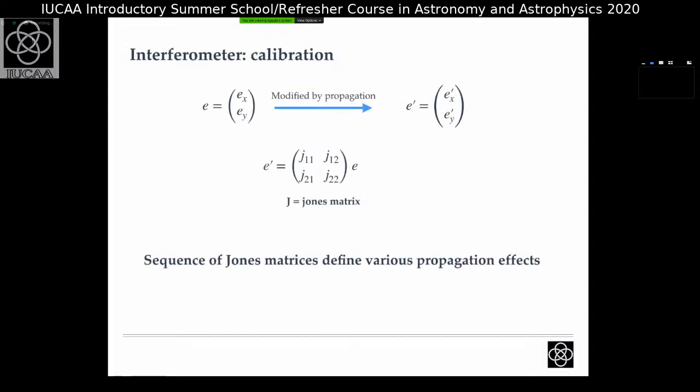But there is a complete mathematical formalism to deal with this, and it's not something very arbitrary where we have to make ad hoc assumptions. So let's try to understand what that formalism is. Starting on the left, I have a transverse electric field, which I can represent like this.